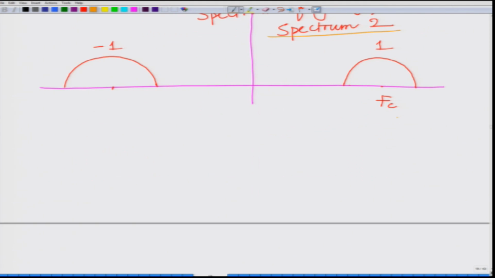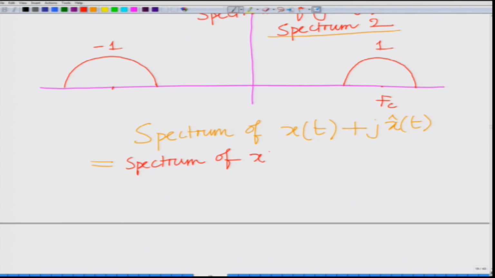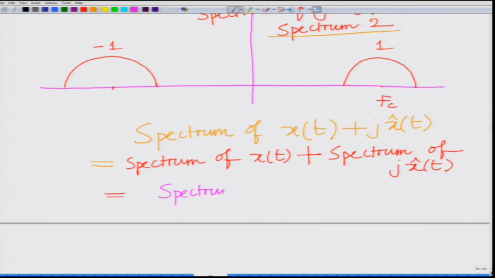And now we have to find the spectrum of x t plus j x hat of t. Naturally, that will be the spectrum of x t plus the spectrum of j x hat of t, which is basically equal to spectrum 1, the spectrum of x t, plus spectrum 2, the spectrum of j x hat of t.